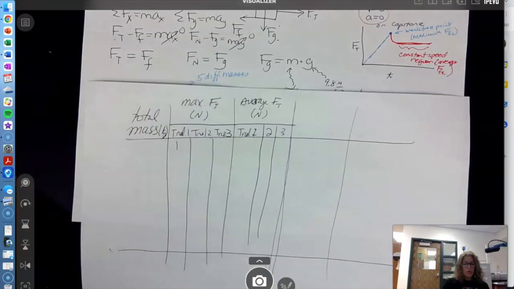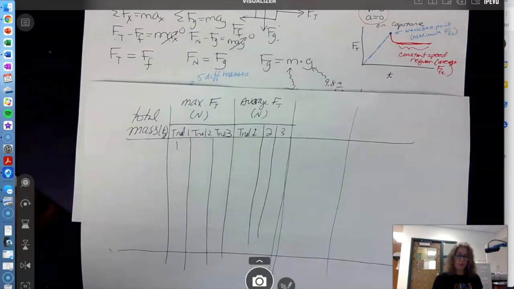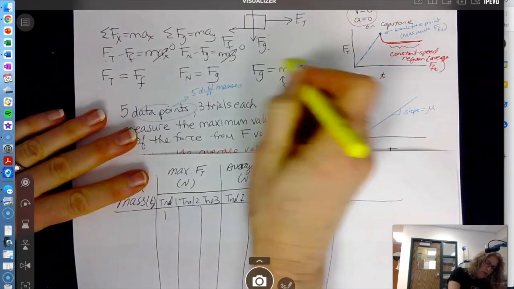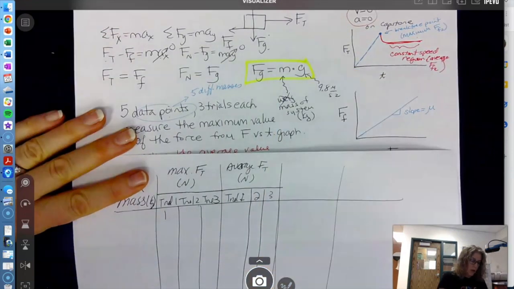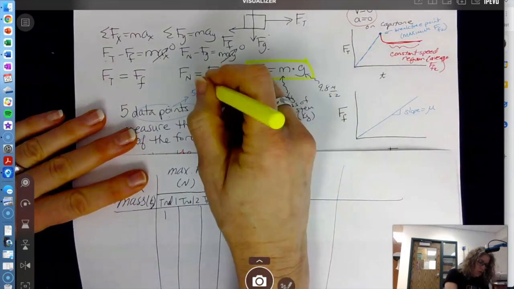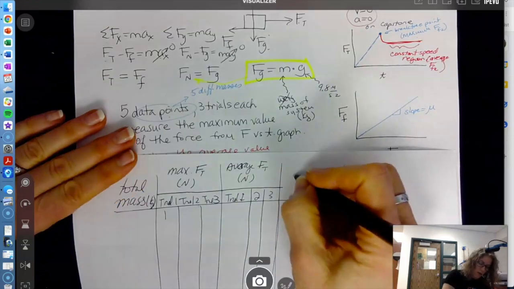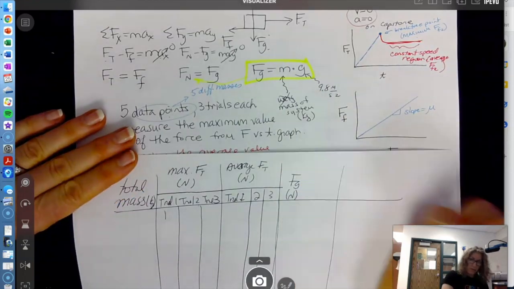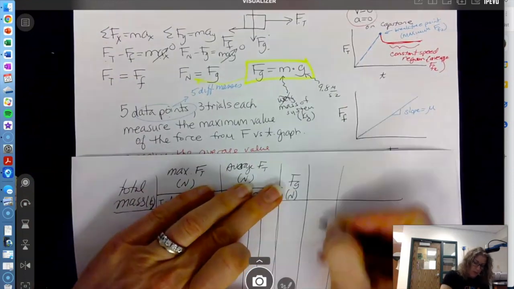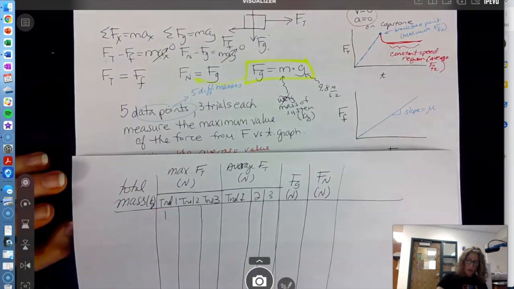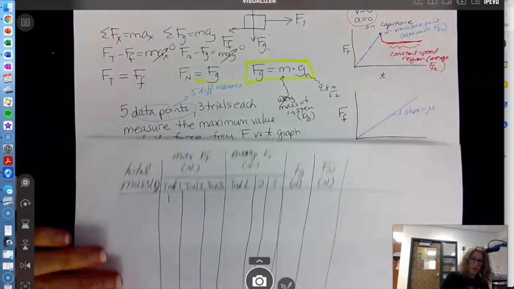Now, what are you going to need to do for your analysis? Well, we've kind of already outlined it here. We have to be able to calculate the weight so that we can get the normal force. So that's important. So we need a column for weight, and then we're going to need a column for normal force in newtons. So how do you do that? Well, put in a formula for that.